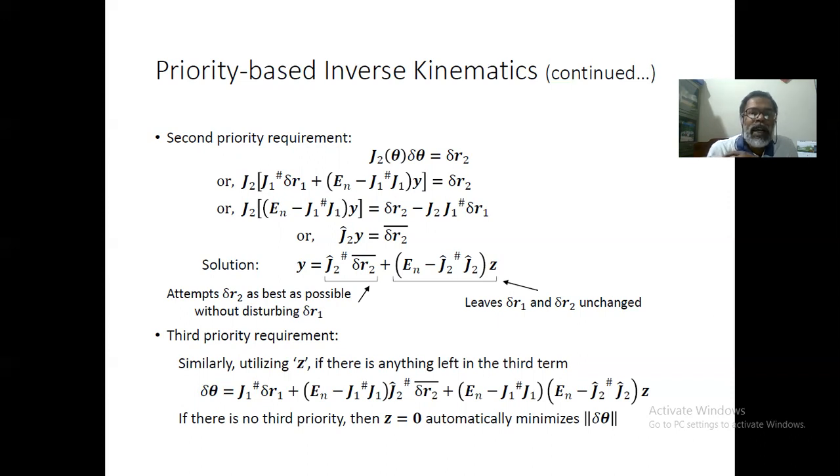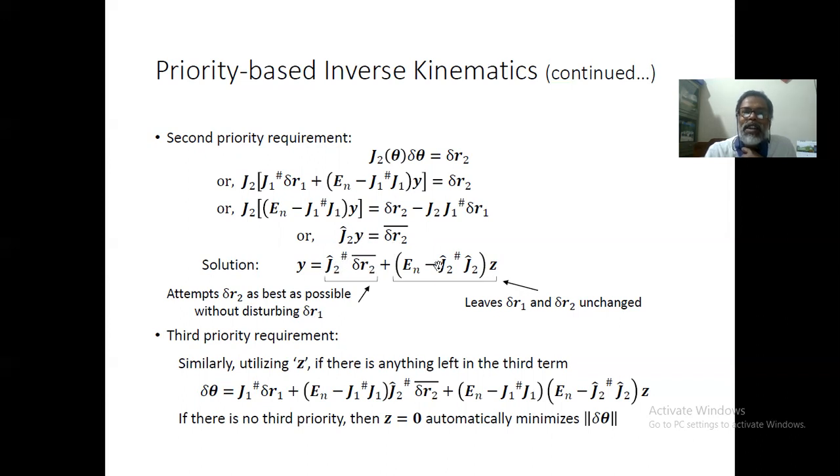So this component attempts to satisfy delta R2 as best as possible without disturbing delta R1, and this component will leave delta R1 and delta R2 unchanged, because Z is multiplied with this, which is in the redundant space of J2 hat, so it will not change anything in the second priority task.